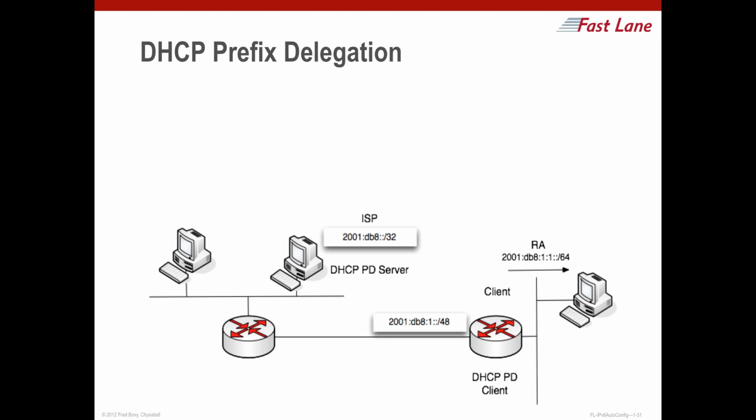So again, with prefix delegation, you do not allocate an address or give any server information, but you actually have a server which has a super block, and for each client which is requesting a block, it will allocate a block. So here in this example, the server has a /32 block which is ready to allocate a /48 block for each client.